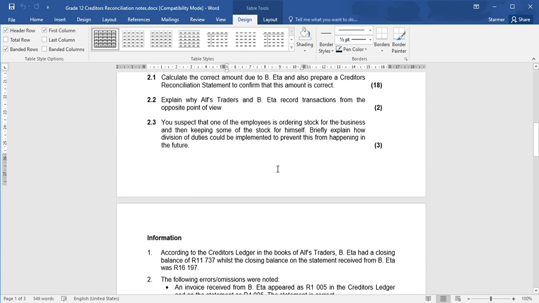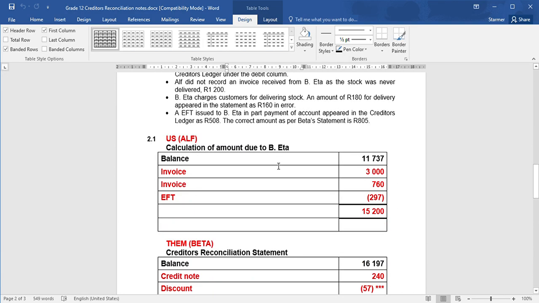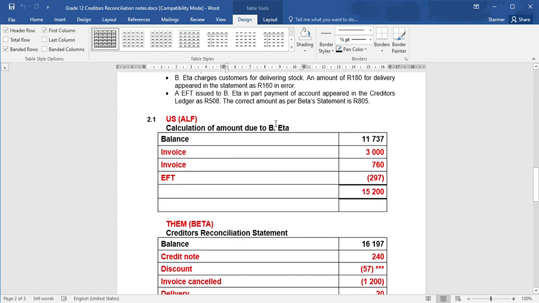Alright, so if you have a look at the answer sheet here, we've got the calculation of the amount due to Beta. Right above that, write "us", and in brackets put the name of the business as well. And then the creditor's reconciliation statement will contain all things that they haven't recorded, and I suggest you put their name above it as well.